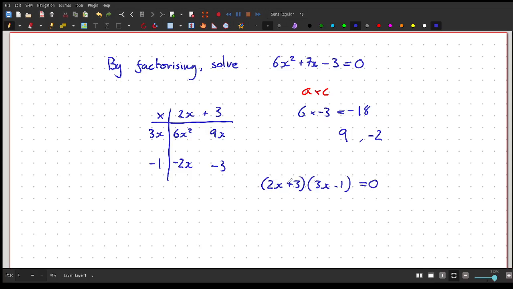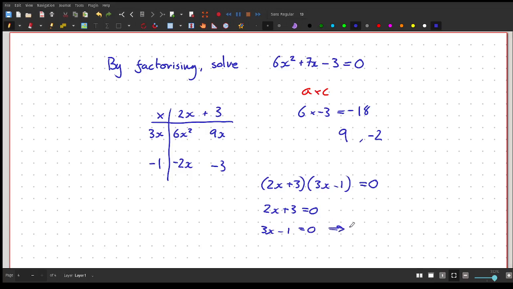Now this means I have two things multiplied together equaling 0, which means at least one of the two factors must be 0. The only way you can multiply and get 0 is if one of the things you're multiplying is 0. So we need to solve 2x plus 3 equals 0 to get one solution, and 3x minus 1 equals 0 to get the other solution.